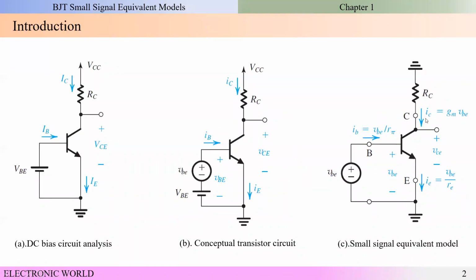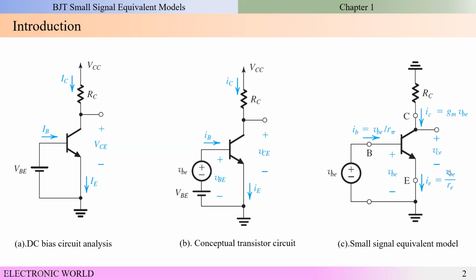Okay, so you can see these are r_pi. The small signal base current ib is equal to vbe divided by r_pi. The r_pi is known as the resistance seen by the input. This ie is the emitter current, and this ic is the small signal collector current, which is determined by gm times vbe. gm is known as the transconductance.